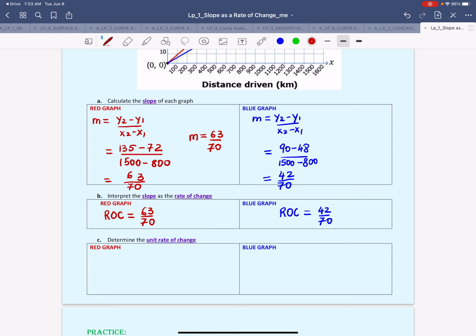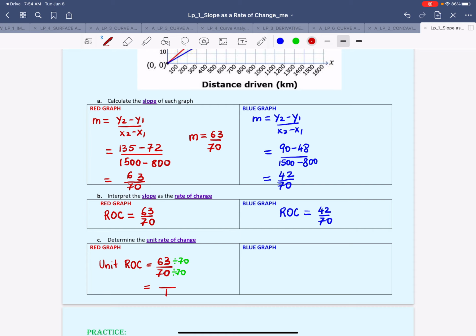Now for the unit rate of change, we will have to divide by the denominator. So I will divide by 70, both numerator and denominator, so that I can have the denominator equal to 1.